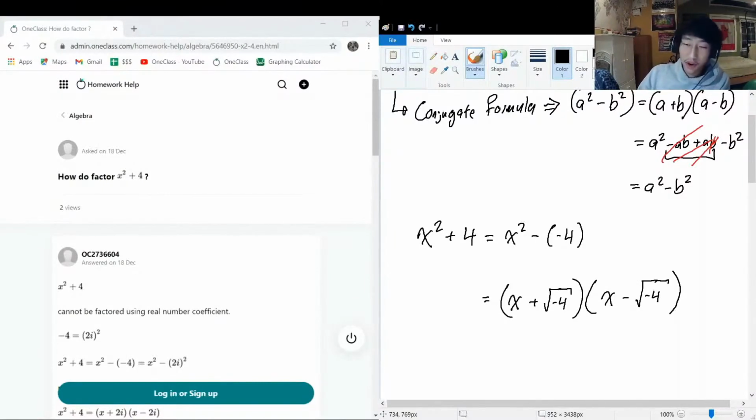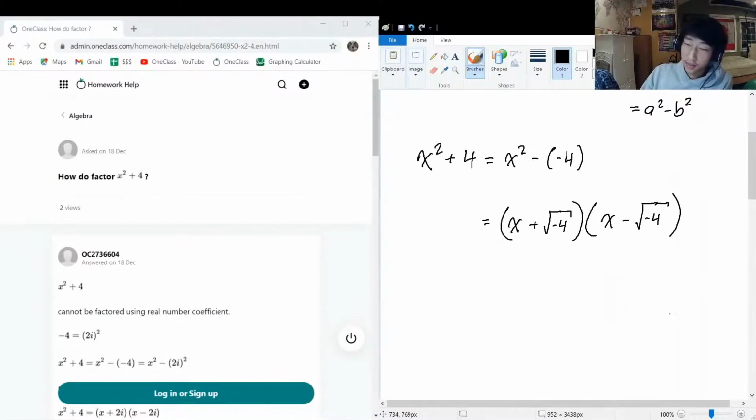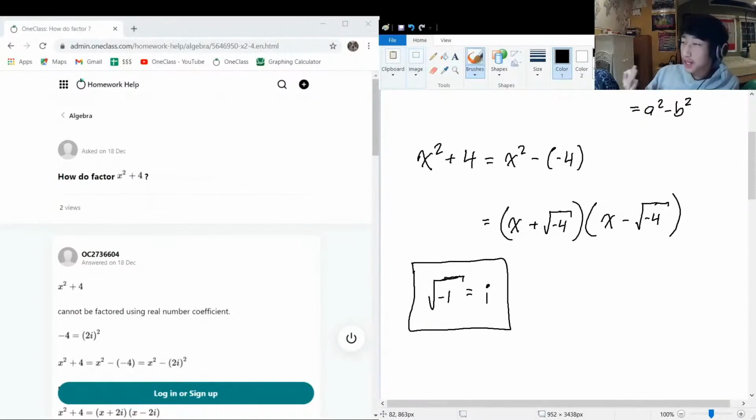Okay, now I know it's very likely that you've heard something like, you can't take the square root of negative numbers. The answer, well, I hate to say it, but you actually can, because the square root of negative 1 is equal to the imaginary number i. And i is just like a variable, and given this, we can do a lot of good things.